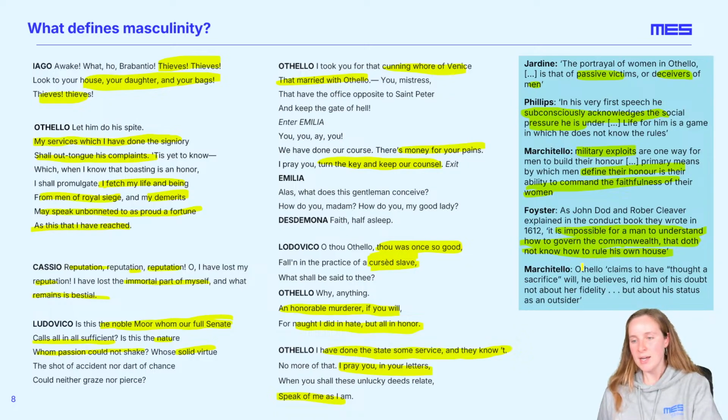Marchitello says, Othello claims to have thought a sacrifice will, he believes, rid him of his doubt, not about her fidelity, but about his status as an outsider. So this idea of him sacrificing Desdemona to preserve his status in society, but it doesn't work.